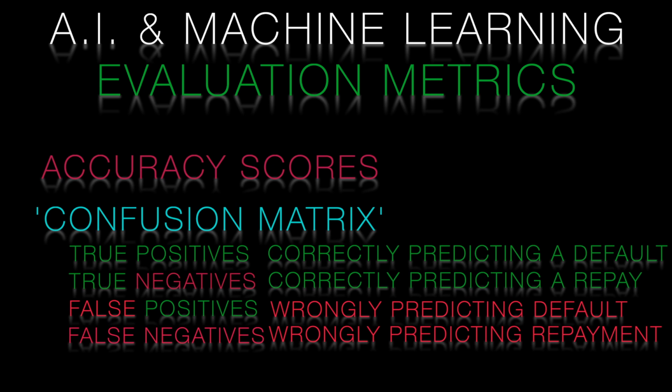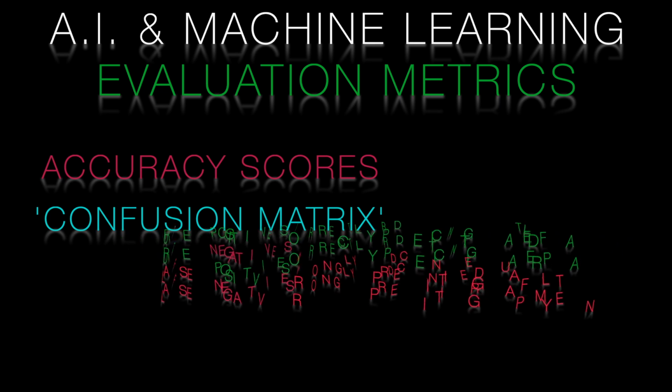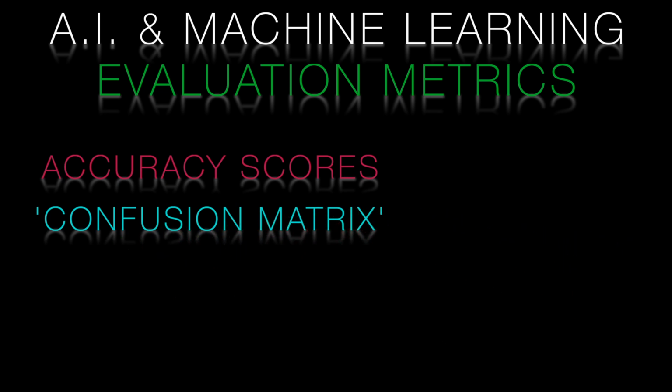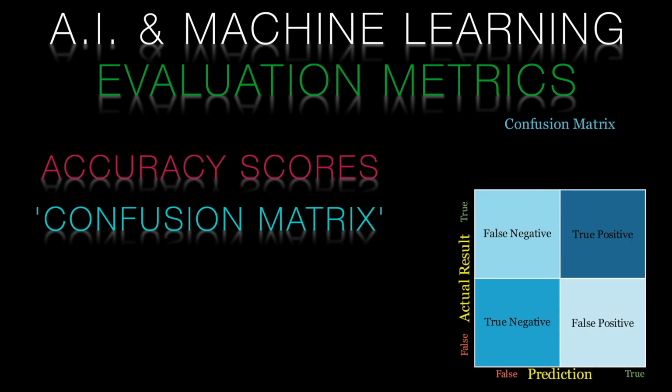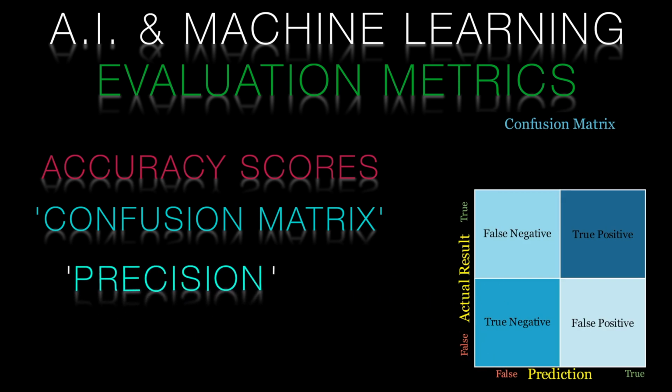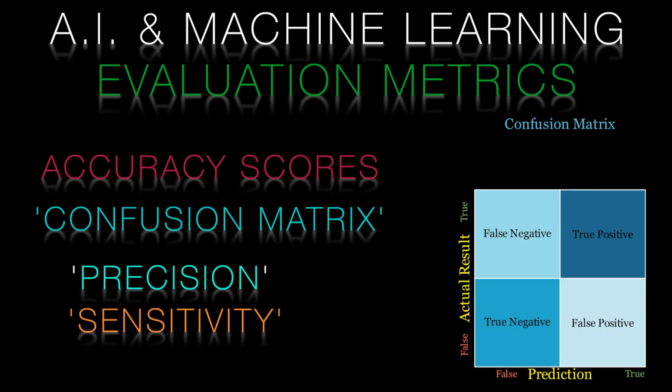The confusion matrix gives us a great way to visualize the correct and incorrect classifications to get a better idea of the true performance of a system, rather than relying on accuracy alone. The confusion matrix also allows us to come up with other KPIs for machine learning. These go by the names of precision, sensitivity, and specificity.